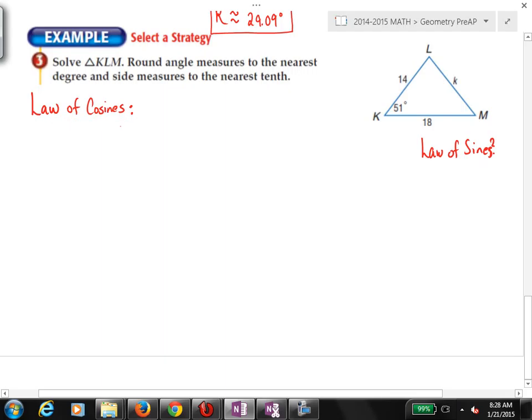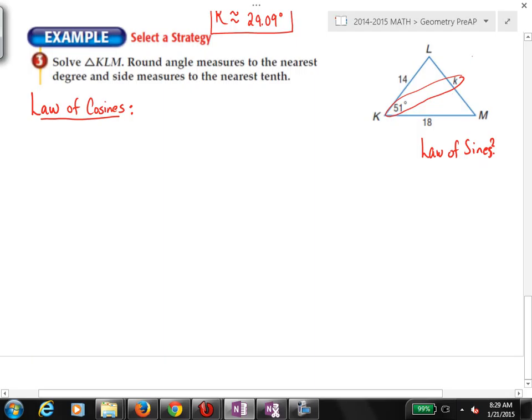So now on this one, which opposing pair am I going to use here? This one right here is the opposing pair, and that's going to be the outer angle.